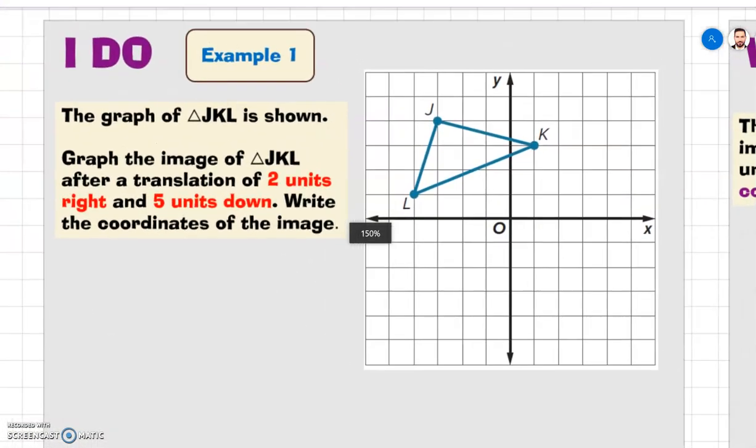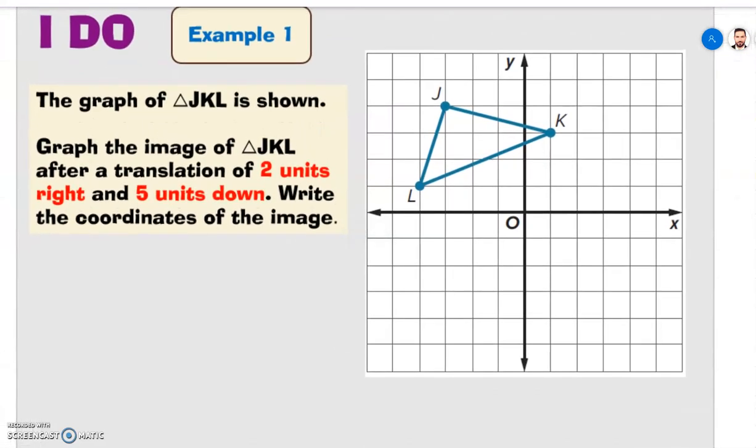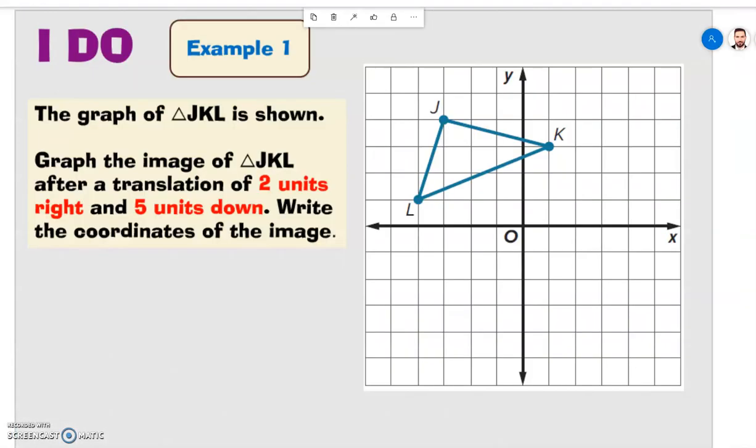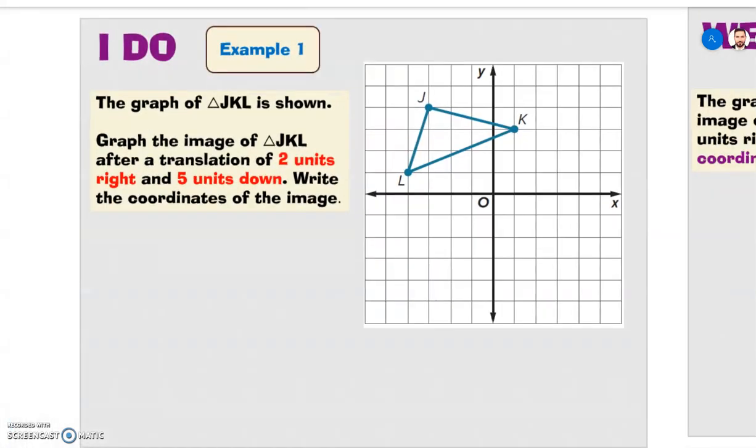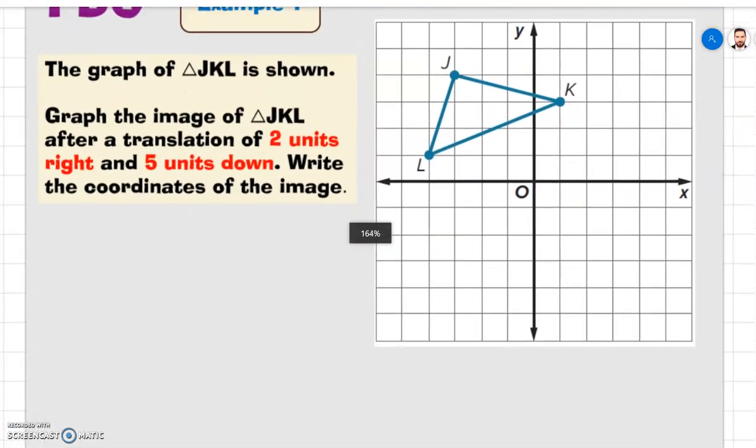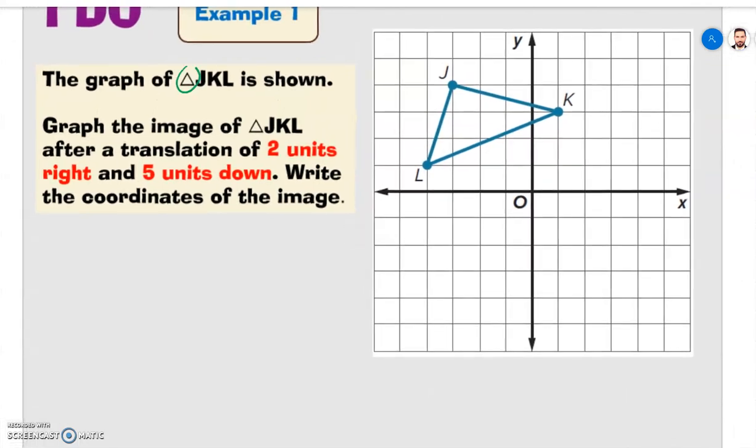Our first example here, I will do it. In example number 1, we are talking about the graph of the triangle JKL, triangle J, K, and L, shown in front of you.